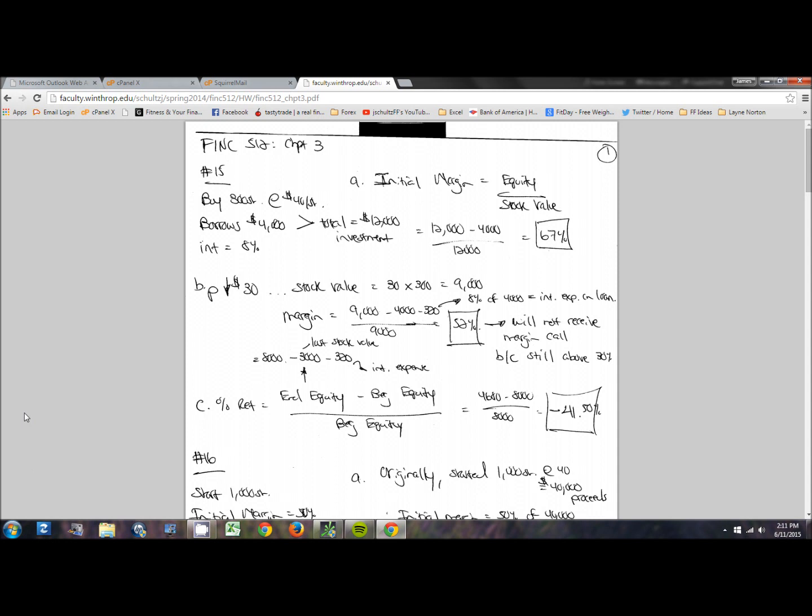Let's get started. Regardless of which one you're talking about, a margin account or a short sale that requires margin privileges, this equation right here at the top, and don't even worry about the word initial right now, it's not pertinent to the point I'm trying to make: margin equals equity divided by stock value. That is always true, 100% of the time. You can hang your hat on this equation.